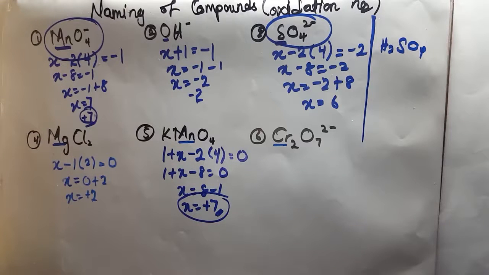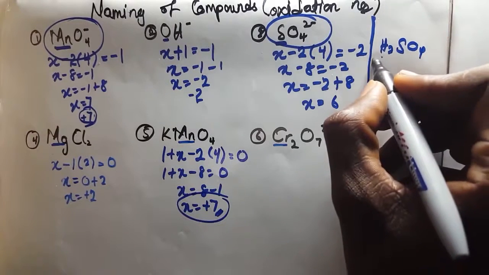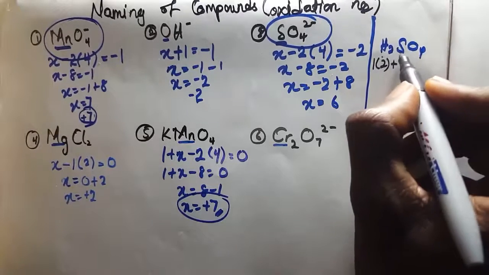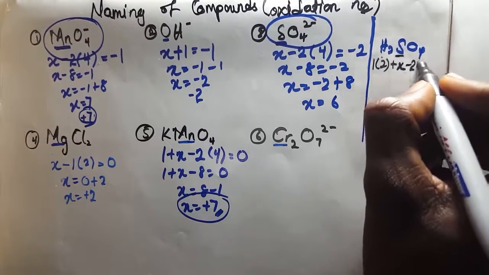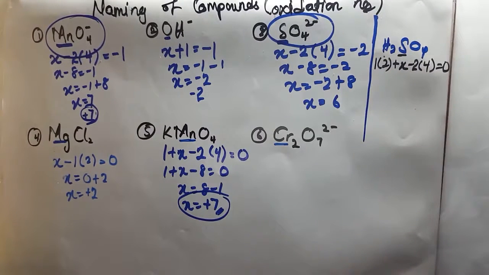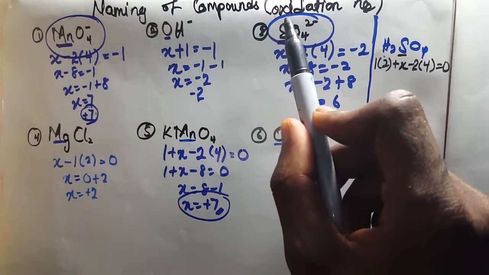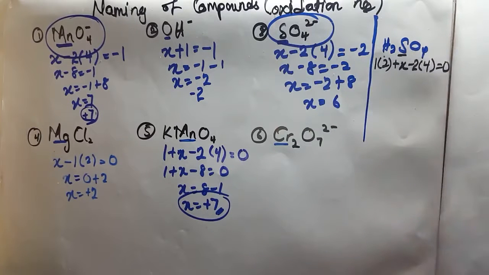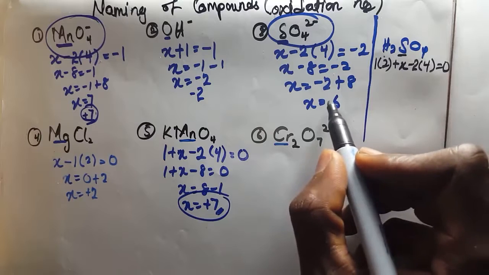So for this, you are going to have 1 times 2 plus, now since it's 3, this one is in the middle, so plus X minus 2 times 4 equal to 0. Now, since you know that anywhere you see SO4, you are finding the oxidation number for sulfur, we are expecting that we get an answer of positive 6.